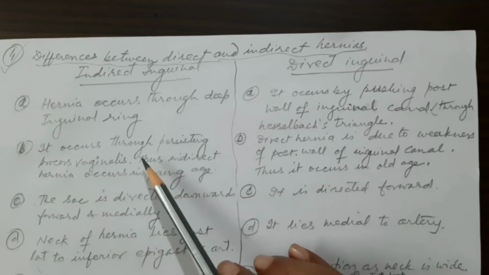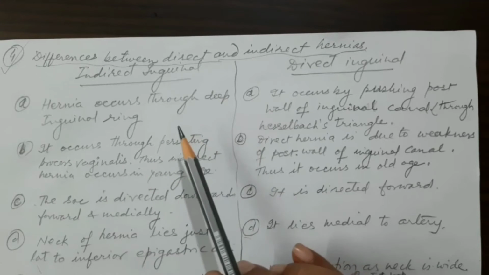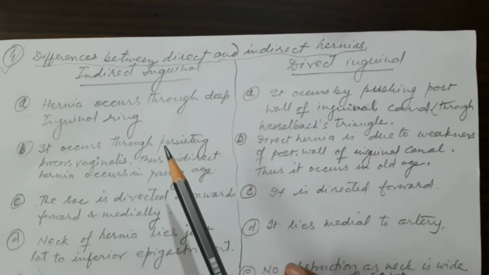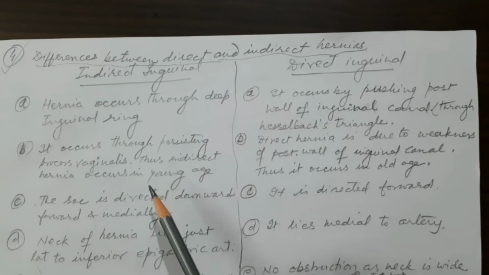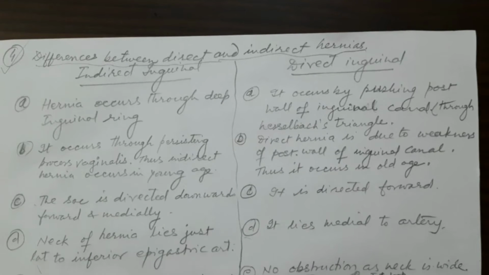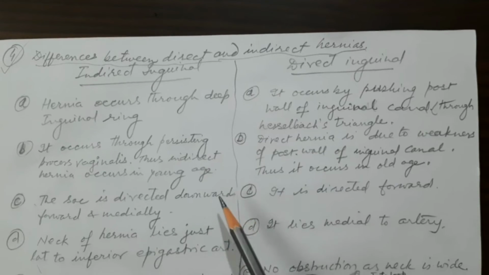So this is the route for the indirect inguinal hernia, which occurs through the inguinal canal. Thus the indirect hernia occurs in a young person because there is no obliteration of this processus vaginalis, and the peritoneal cavity becomes continuous through it right up to the upper pole of the testis. And in this comes the loop of the intestine.